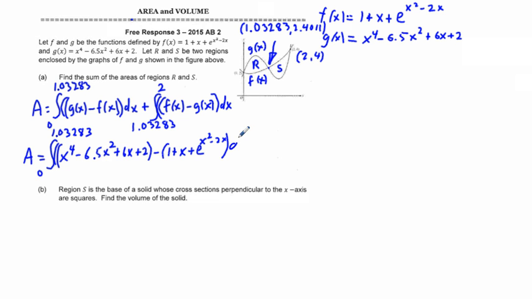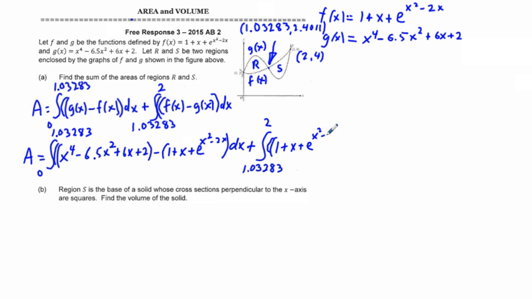And to that we're going to add the integral from 1.03283 to 2 of f of x minus g of x. And so we have 1 plus x plus e to the power of x squared minus 2x.